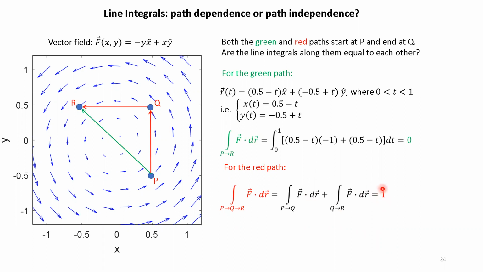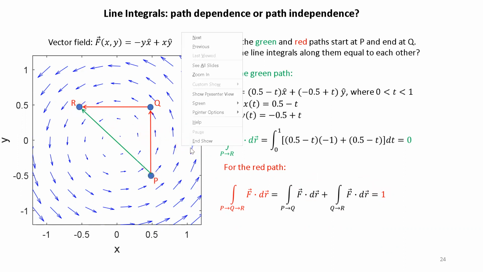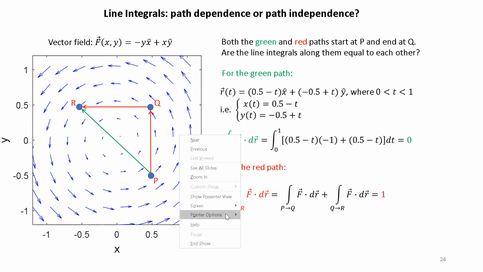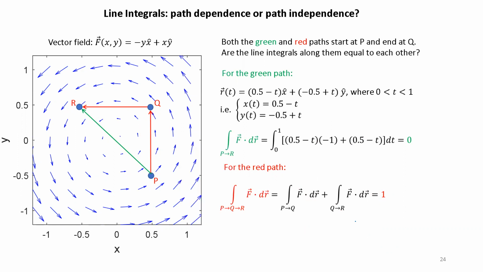On the other hand, if you directly go from P to R, the vector field that you will experience is something like this. Let me draw a few more arrows.